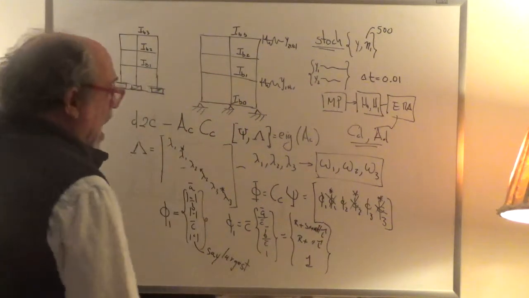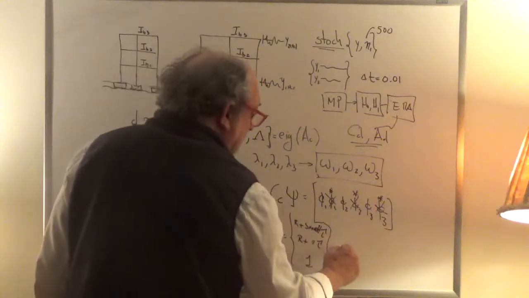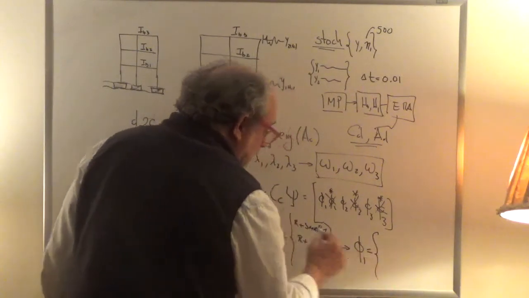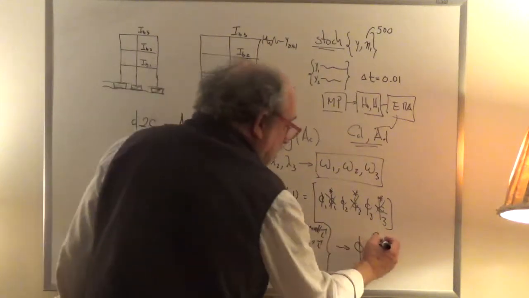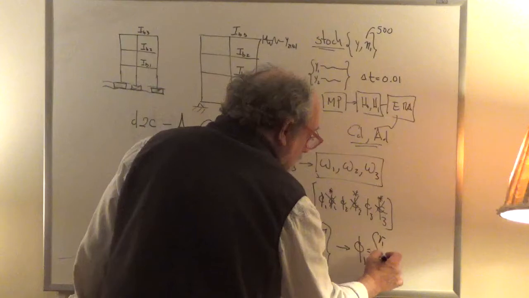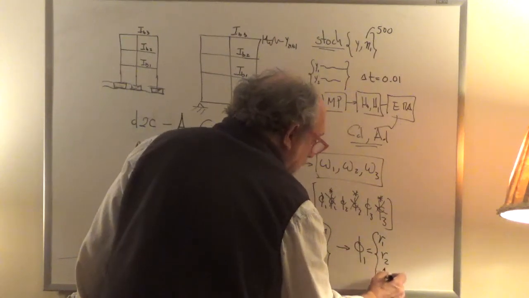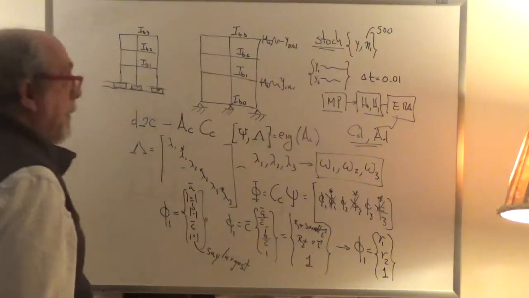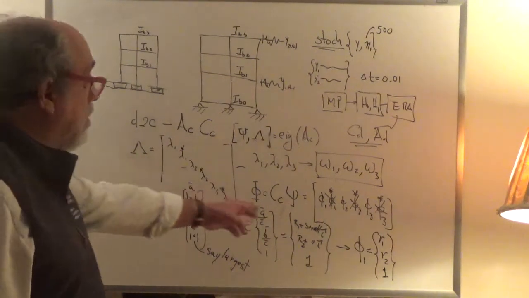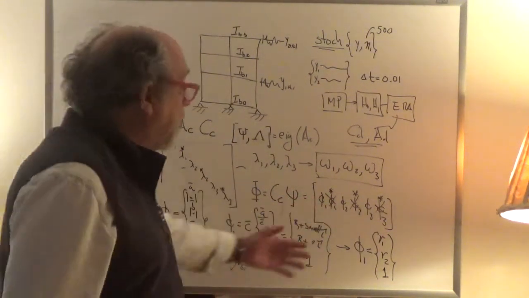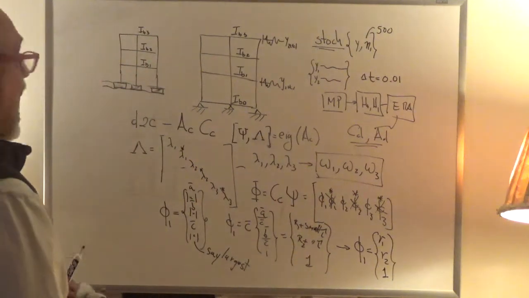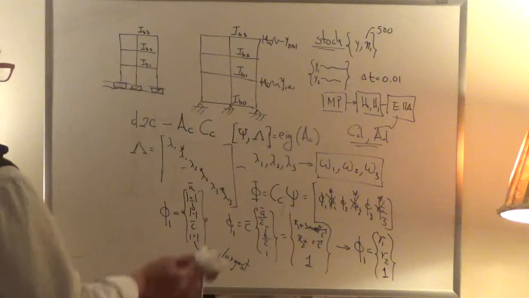So I discard the small I, and then I say that my first mode estimate from the experiment is these numbers, so for example R1, R2, and 1. And then I can, of course, repeat that process with the second mode, and I can repeat that process with the third mode.